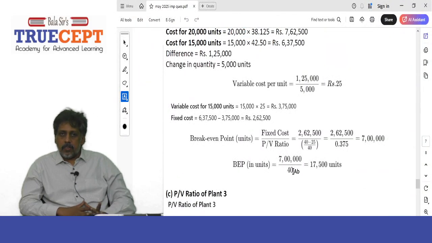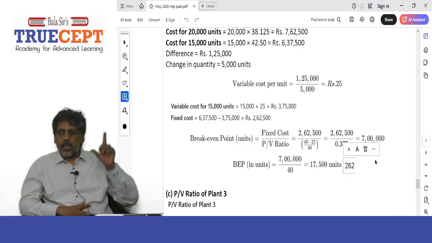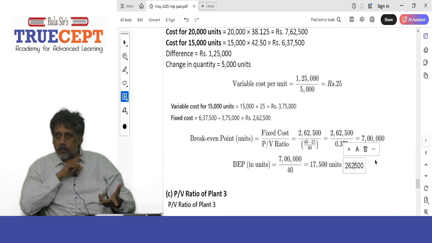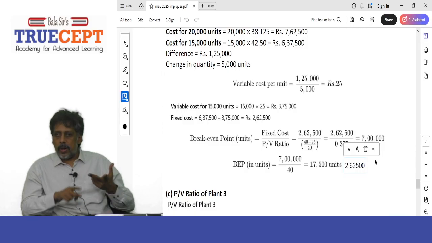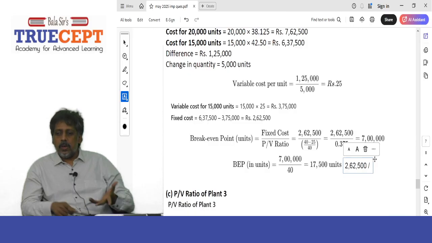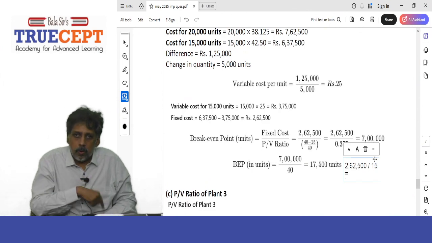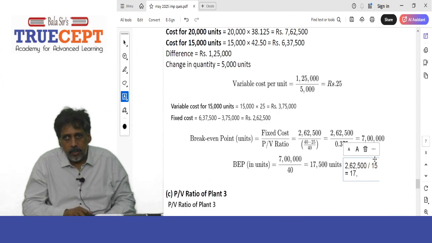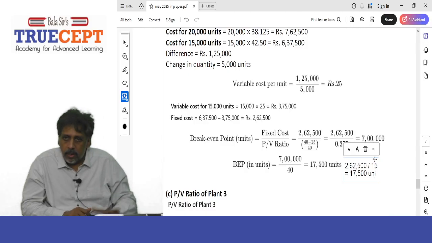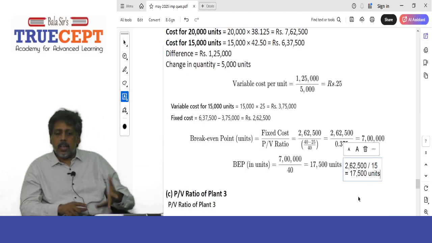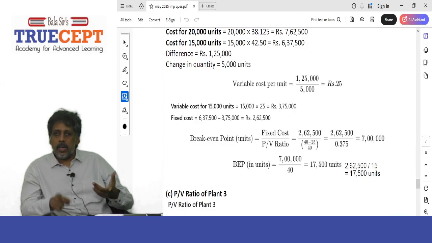Okay, so I refer to the solution out there. What he has done is he has found the break-even sales first and then found the break-even point in units. Instead, we can use the formula for break-even point in units first. We know the fixed cost, rupees 2,62,500, is the numerator, divided by the 40 selling price minus 25 variable cost.